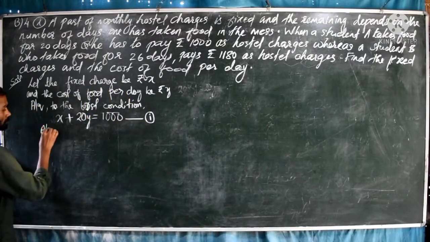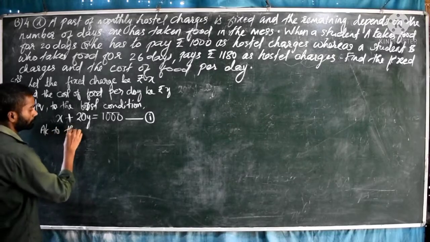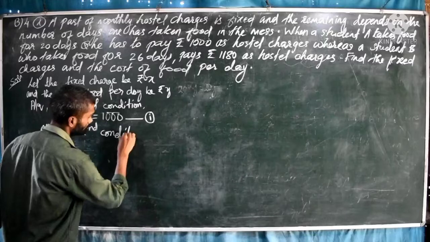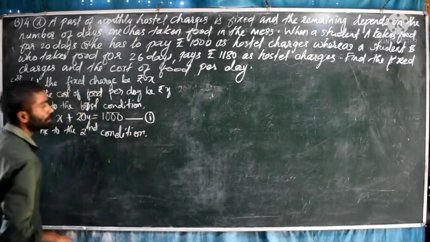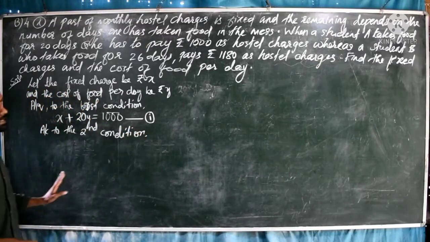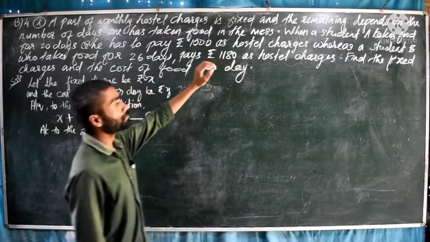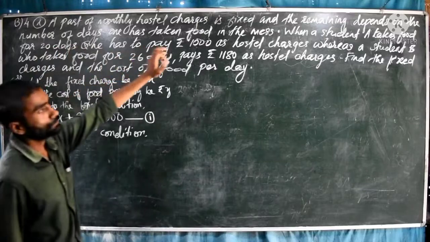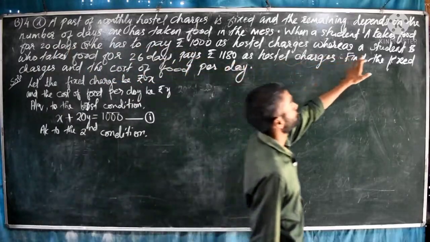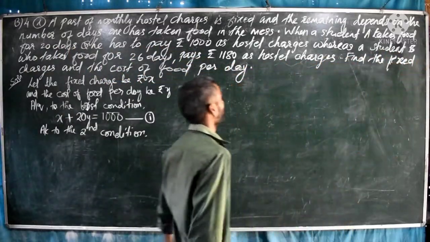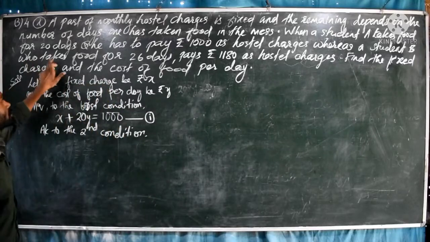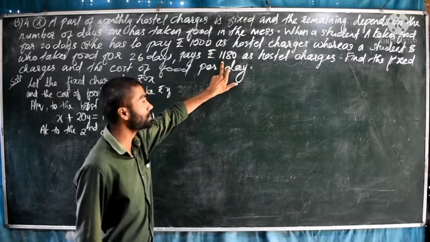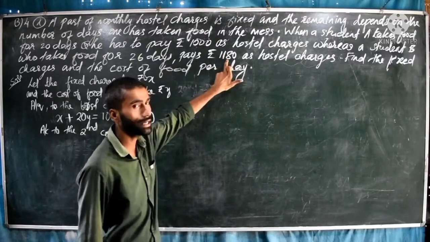So according to the second condition, what is the second condition that we will get from the second student, that is student B. Next one. Now, whereas student B, who takes food for 26 days, has to pay rupees 1180.